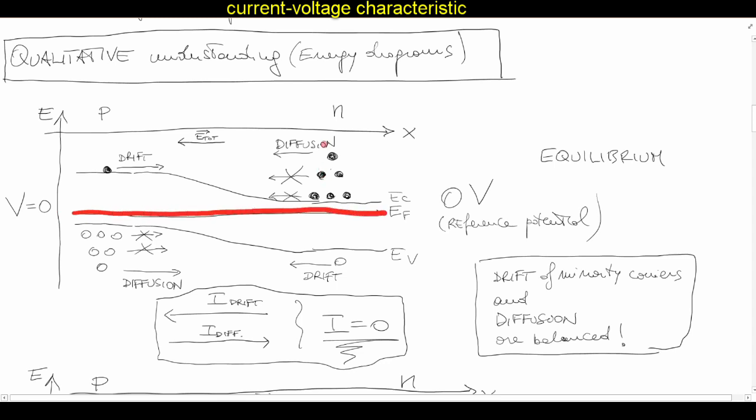Okay, so on the P side, what charges do I have? Well, it's the P side, so a lot of holes that are distributed in energy, you remember, and very little minority carriers, which are electrons. At the same time, on the N side, I have lots of electrons and a little bit of holes. So there is no external field, but we now know there is an internal field. So really, we can call the total electric field directed like that.